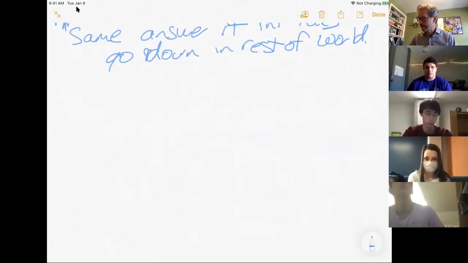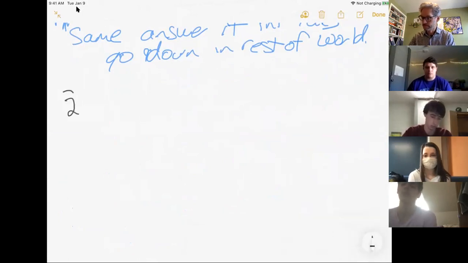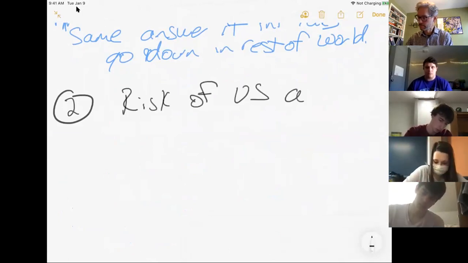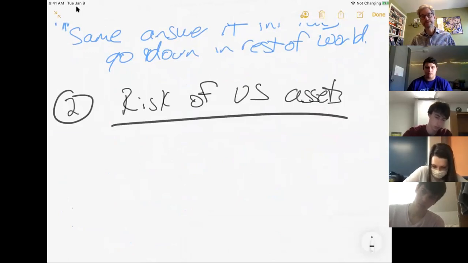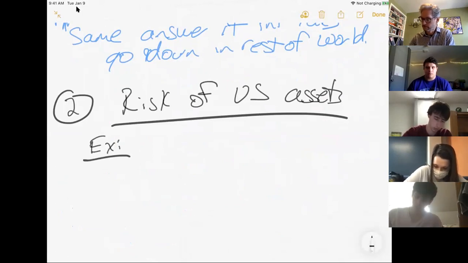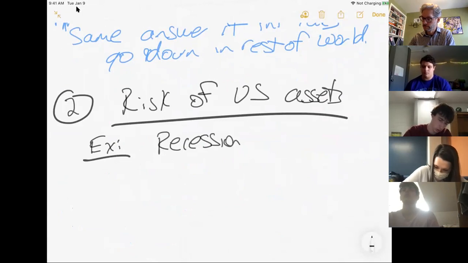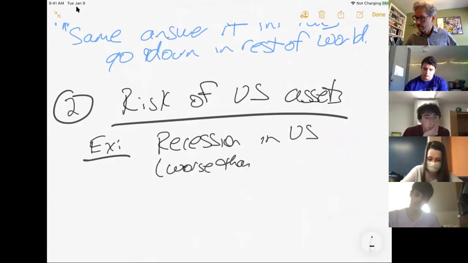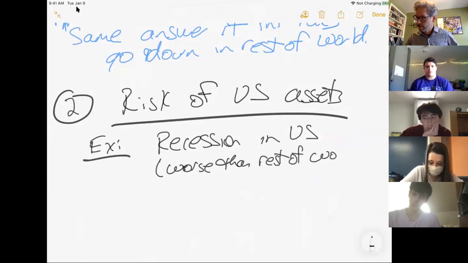Something else that might impact the value of the dollar is just risk. The risk of US assets. For instance, a recession in the US that's worse than in the rest of the world.